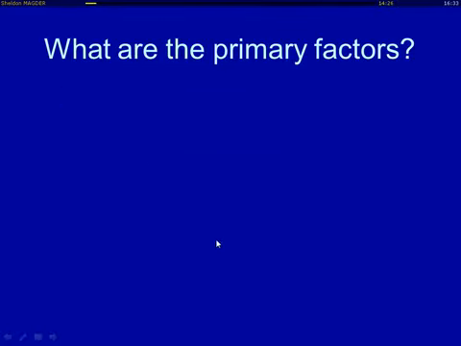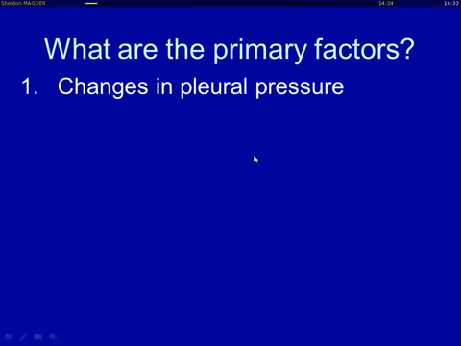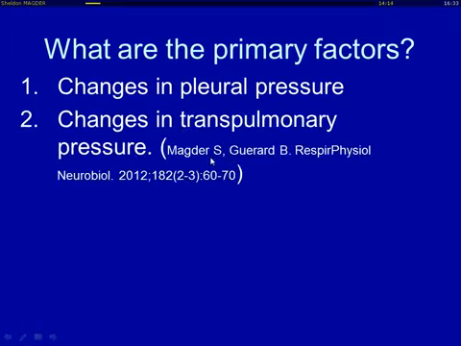So, what are the primary factors? For me, the primary factor, the most important, in this very complicated subject, as you just heard from Michael, the primary variable is the change in pleural pressure, which I think is what Michael said too. The second one that comes up, not as importantly in spontaneous breathing, so I'll refer to it less, is changes in transpulmonary pressure.